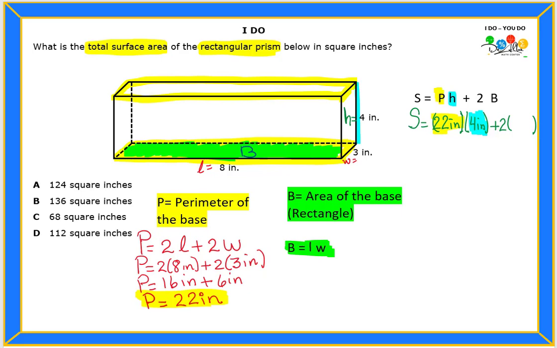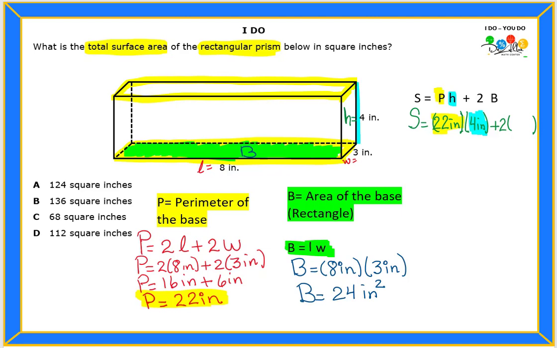When I replace my value in the formula, I want to make sure that it matches. Let's find the area for my rectangle by multiplying length, which is 8 inches, times 3 inches. My area of the base is going to be 24 square inches.